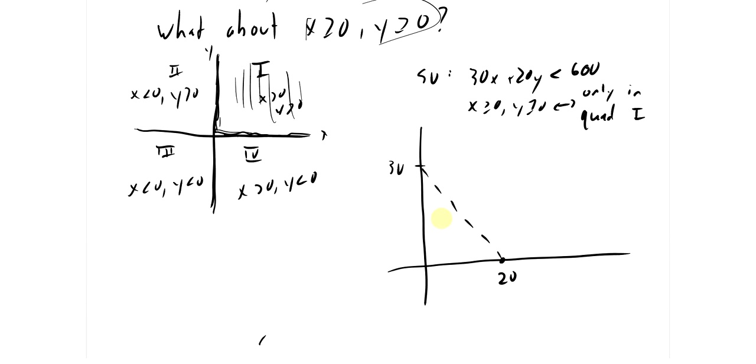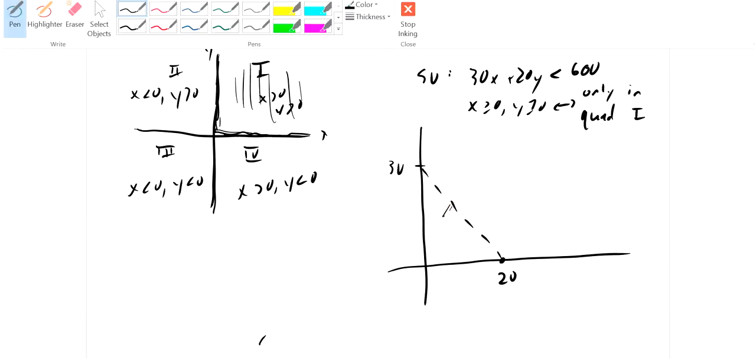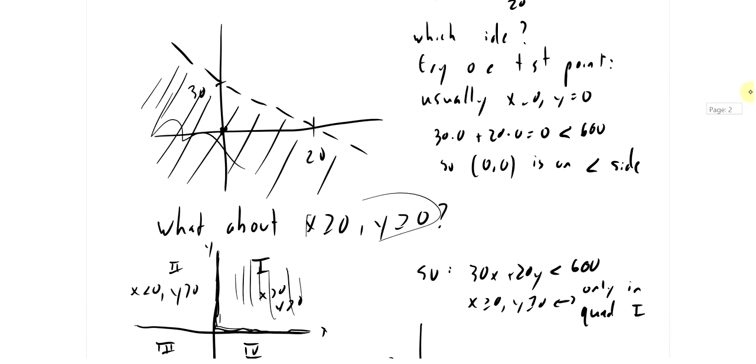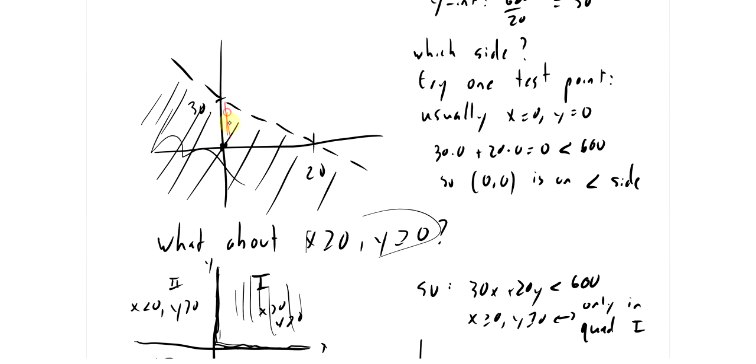And it was this side over here that I was interested in. So let's go with red. So it's only this part. The only part of the inequality that we're interested in is the part that's in the first quadrant.